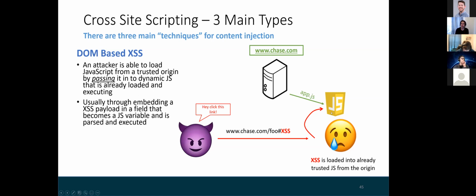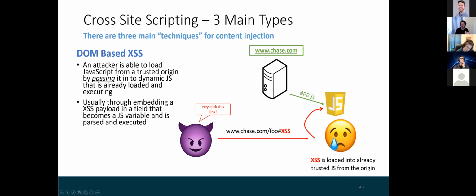What I mean by that is if I go to chase.com and they load up a client-side application, it's like a big fat app.js file, all that JavaScript is already trusted and it's already running. If I can send data that gets injected into that already running JavaScript and hijack execution control, then I've basically got cross-site scripting, because I can inject my malicious JavaScript into already trusted code.